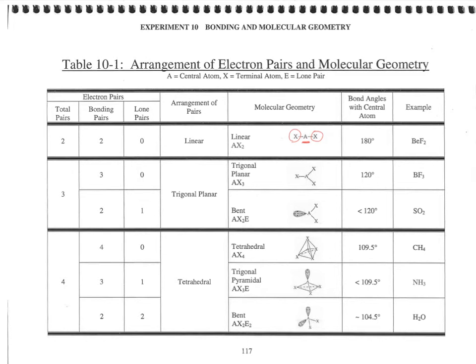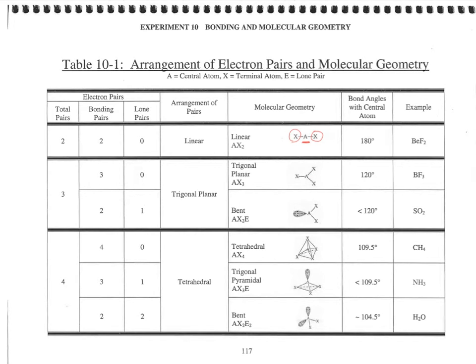And then when we have a total of 3 bonding pairs and lone pairs, we have two scenarios. First, 3 bonding pairs, no lone pairs. That is AX3, boron trifluoride. In this case, we have a trigonal planar configuration, and the bond angle is 120 degrees.